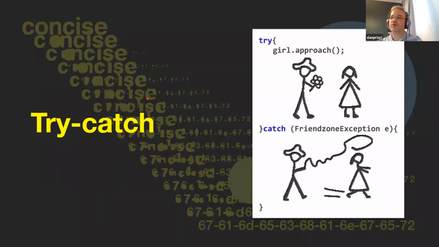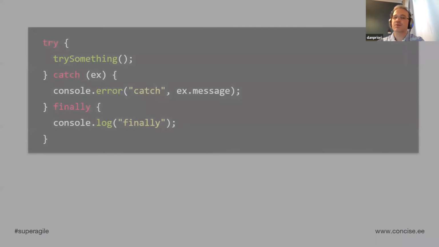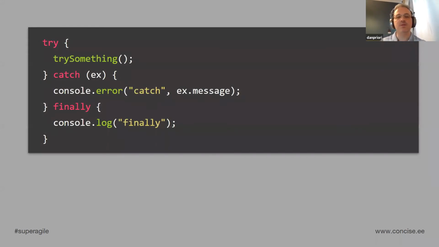So let's take a look at TryCatch. TryCatch code is hard to optimize. Let's take a look at just a simple TryCatch code. TryCatch code is hard to optimize for some browsers because most operations inside the try block can cause an exception, as you know, and go to the catch and allocate more temporary memory for this exception.